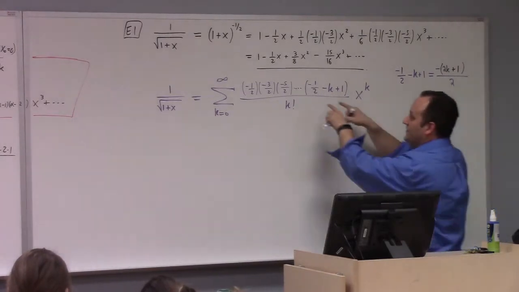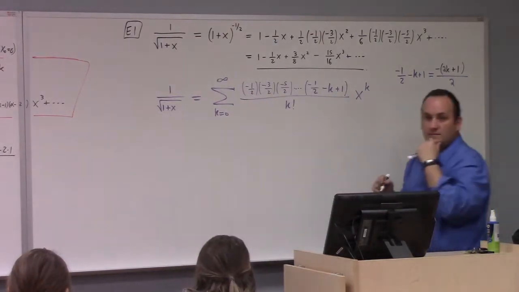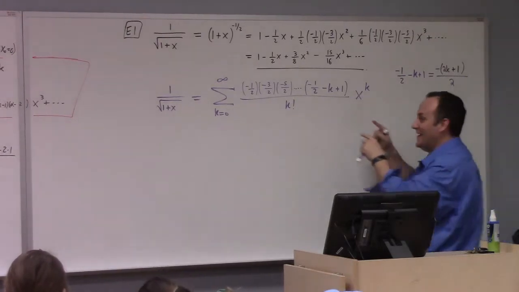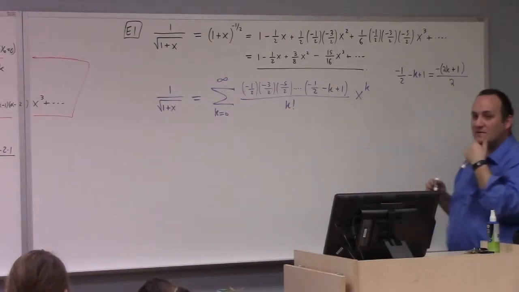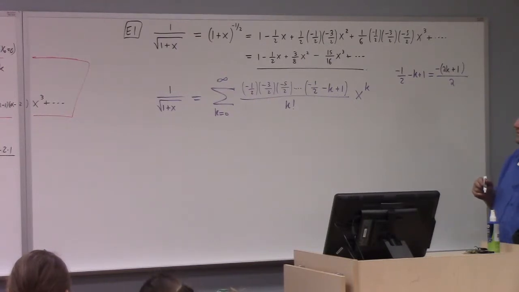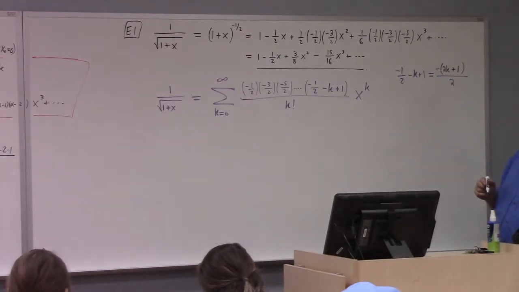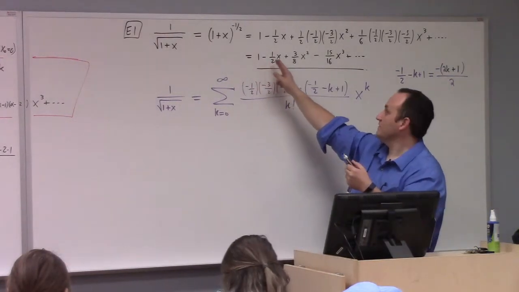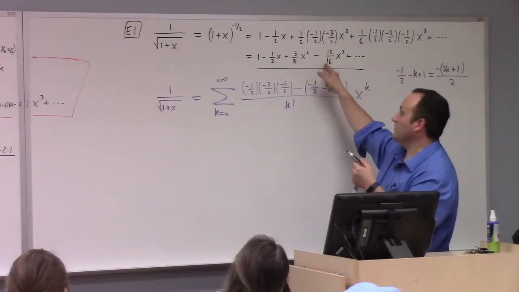How many terms do I have here with a minus? How many negative terms do I have there? Count them. How many? 5. No. You've got to think about, in terms of k, how many negative terms here? I think there's k, right? The k equals 0 term is plus, k equals 1 minus, k equals 2 plus, k equals 3 minus.